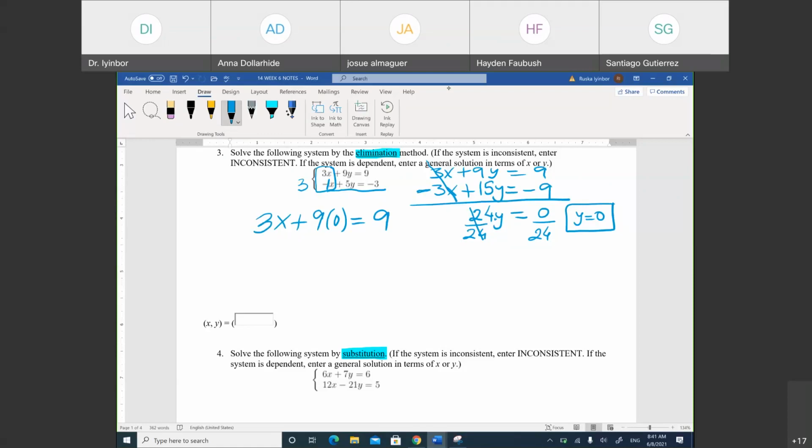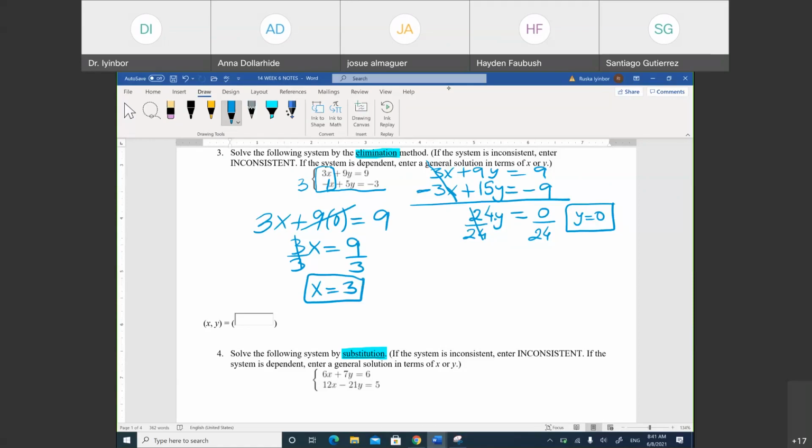And then 9 times 0 is 0. So my equation is 3x equals 9. And you're solving it when you divide by 3 both sides, and you're going to get x equals 3. So this is the solution, x equals 3 and y equals 0.